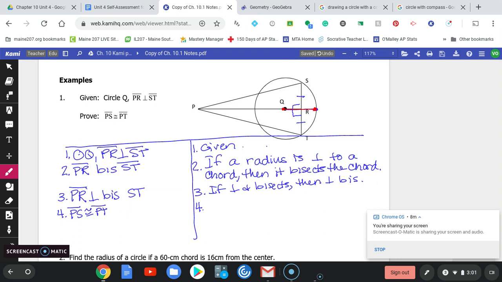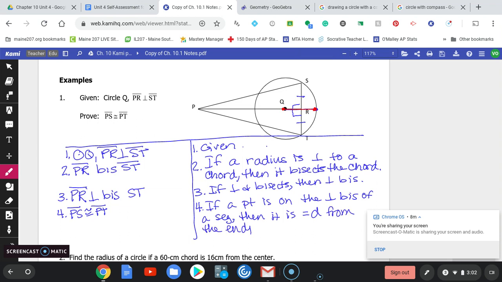I can say PS is congruent to PT because if a point is on the perpendicular bisector of a segment, then it is equidistant from the endpoints of the segment. We could have gone through congruent triangles, but this was a lot faster if you remember that equidistance theorem.